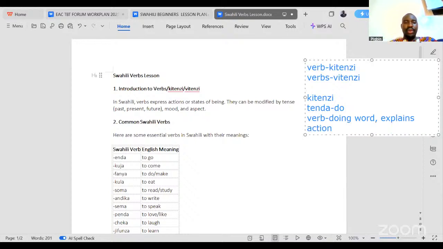So that's how we arrive at the verbs. Most of the time, verbs express actions or a state of being.